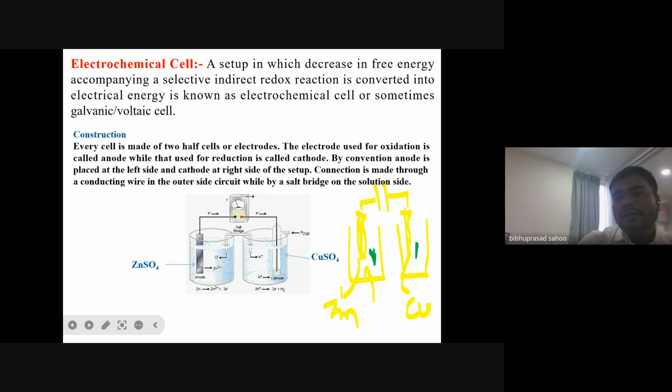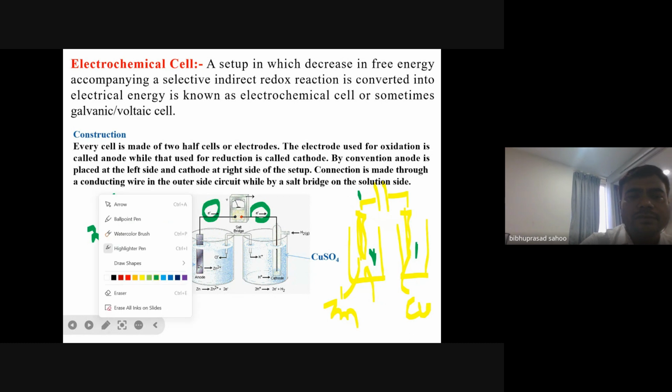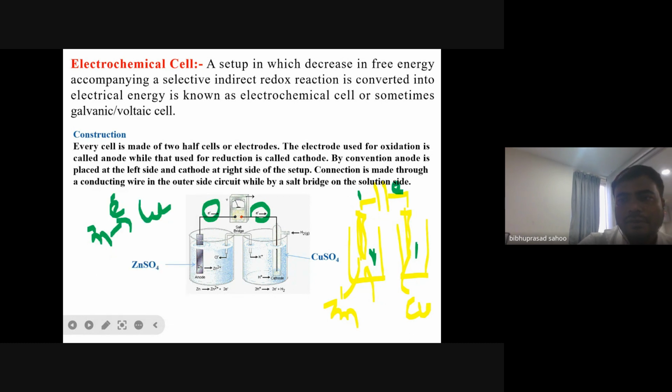It has been observed that electrons flow from zinc to copper, in this direction. See here, it is written that electrons flow from zinc to SHE, like that. The electrons flow in this direction, and the current flows in the opposite direction.